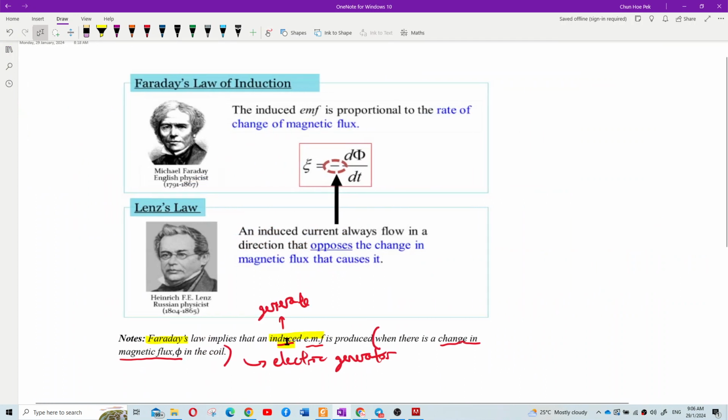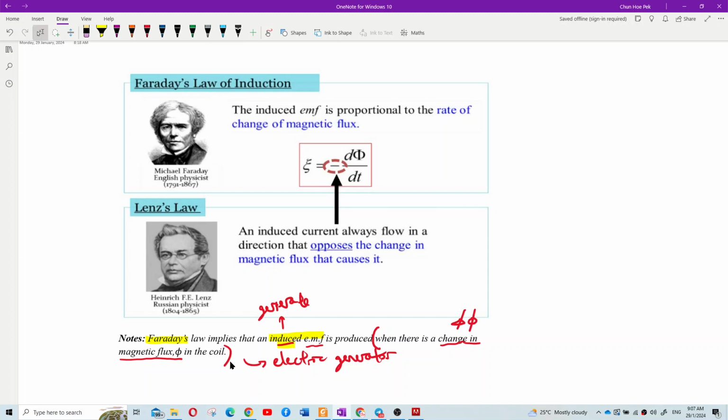Faraday's law says an EMF is generated, dihasilkan, when there is a change in magnetic flux. Come on, tell me, when there is a what? A change in magnetic flux in the coil, when there is a delta phi in the coil.